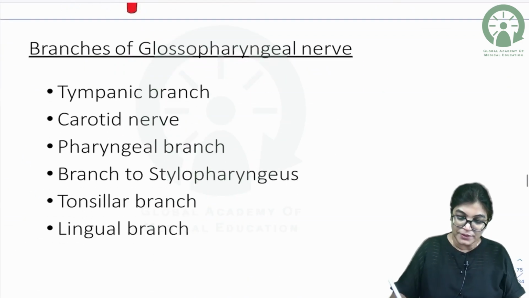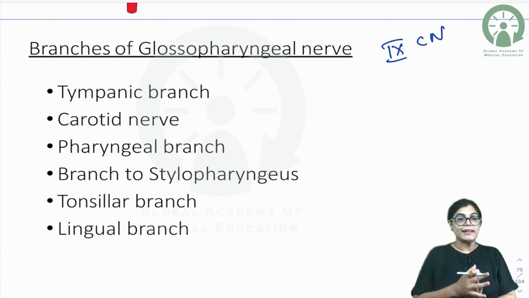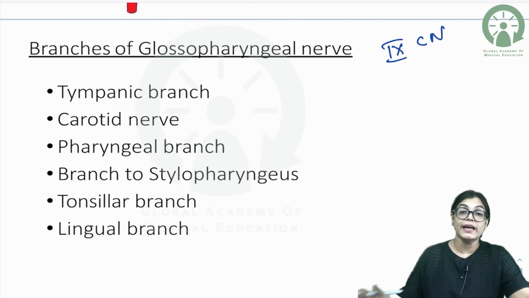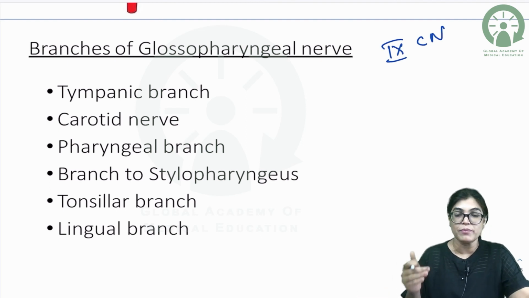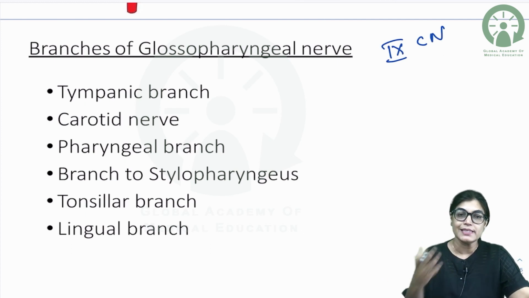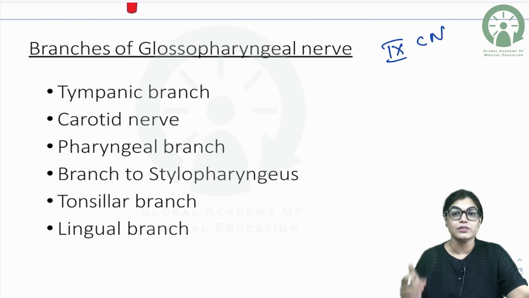Please note down the branches of the ninth cranial nerve: tympanic branch, carotid nerve, pharyngeal branch. It gives innervation to one muscle of the third pharyngeal arch, that is stylopharyngeus. It gives a tonsillar branch and lingual branches. The lingual branch carries general sensation and taste sensation for the posterior 1/3 of the tongue. The glossopharyngeal nerve is also called the nerve of the tonsil.